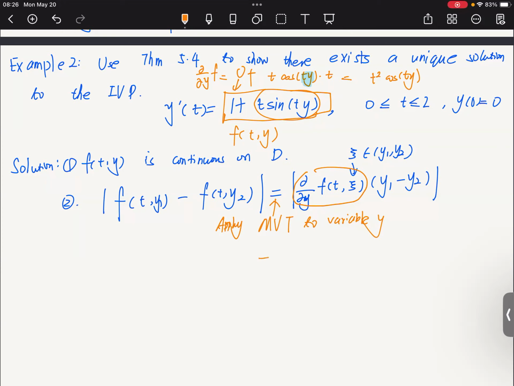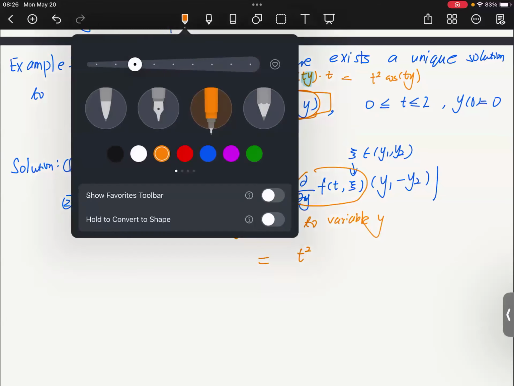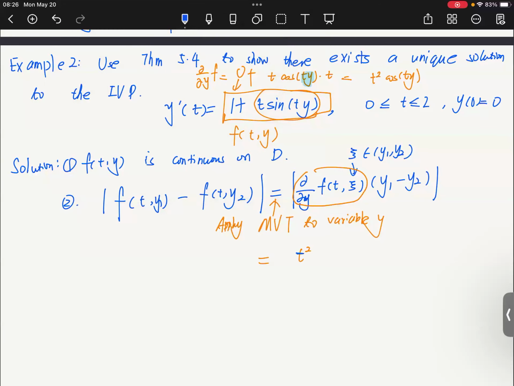Then we have t squared cosine tc, times y1 minus y2.